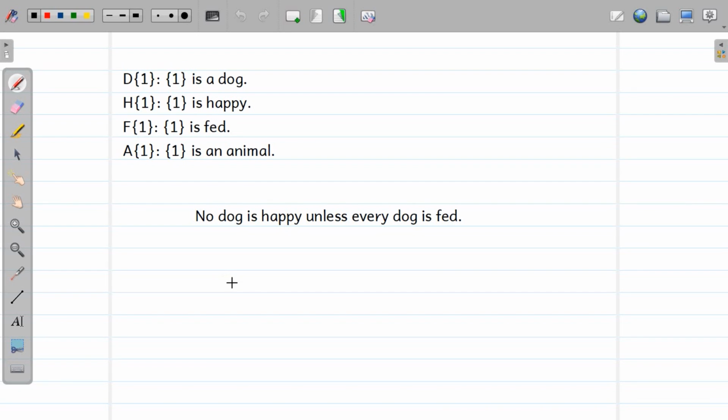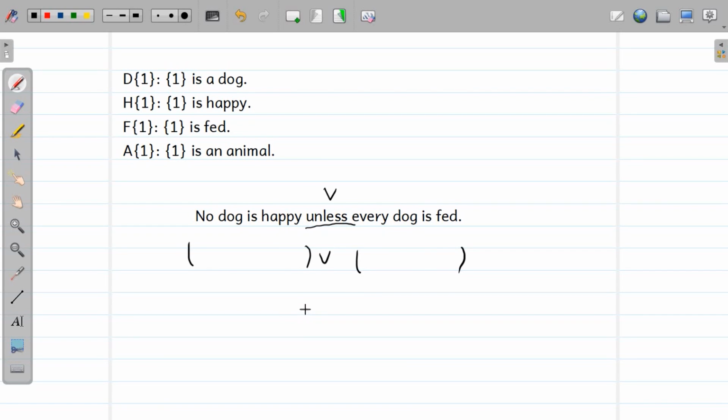So, no dog is happy unless every dog is fed. The "unless" is going to be the main connective, right? And "unless" is always "or," right? So we've got something or something else.